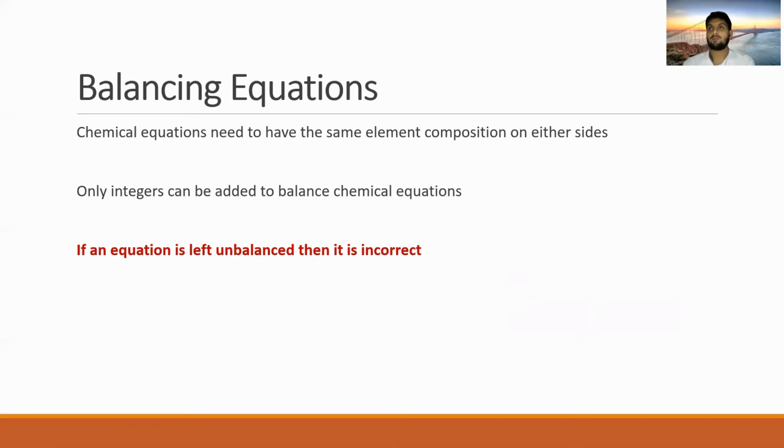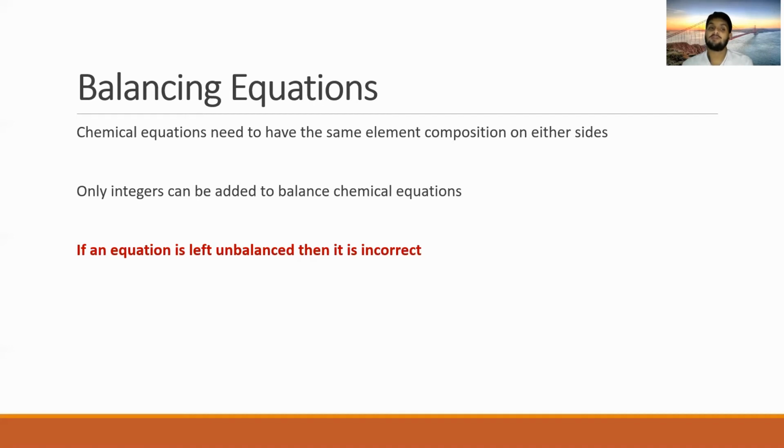Okay, so when we say balancing reactions, any reaction will have two sides, right? Separated by an arrow. The right hand side and the left hand side, the element compositions should be the same. For example, if you have a reaction where you have two aluminiums on the reactant side, then the product side also should have two aluminiums.